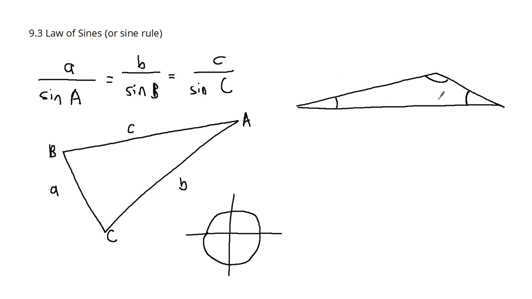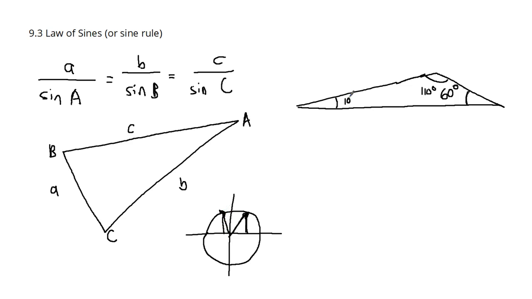Basically, if this right here was, let's say, 60 degrees, we would have the sine about right here. So the sine value would be pretty high. This angle is obviously not 60 degrees, it's about 30, but the sine value would be pretty high if it were 60 degrees. If this was, let's say, 110 degrees, on the unit circle it's even higher than 60 degrees.